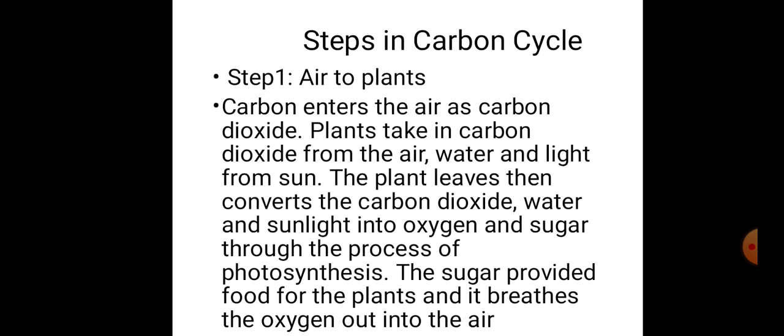The plant leaves then convert the carbon dioxide, water, and sunlight into oxygen and sugar through the process of photosynthesis. You already know what photosynthesis is. The sugar provides food for the plants, and the plant breathes the oxygen out into the air.